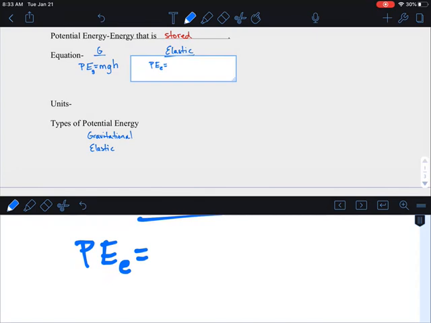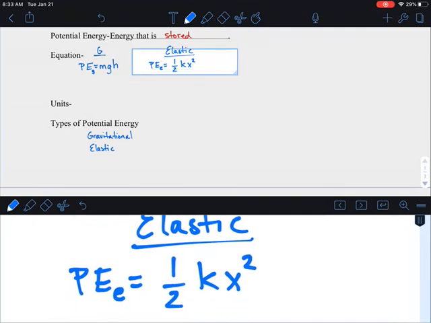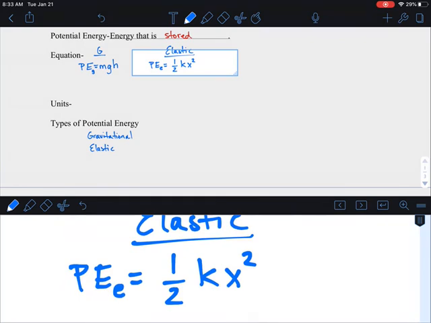And our equation for elastic potential energy is 1/2 k x squared. K here, elastic, we're talking about things like a rubber band, a bow and arrow, a spring, anything that you pull back and you're storing energy. So that k is like how strong is that rubber band, how strong is that spring. And then x represents how far did I pull it back. Right, and that would tell you how much elastic potential energy is in that object.